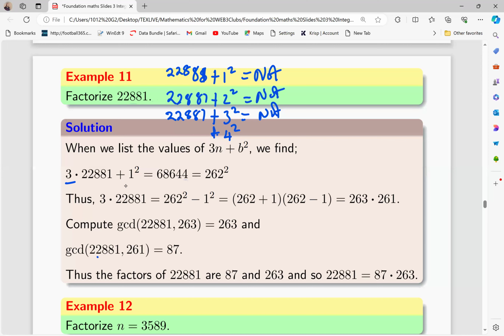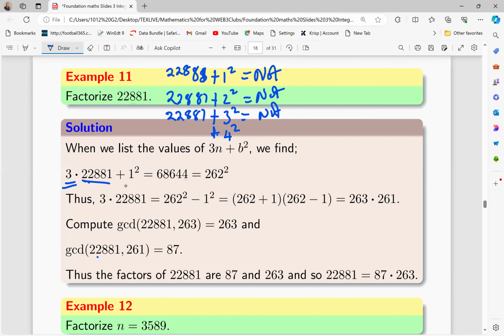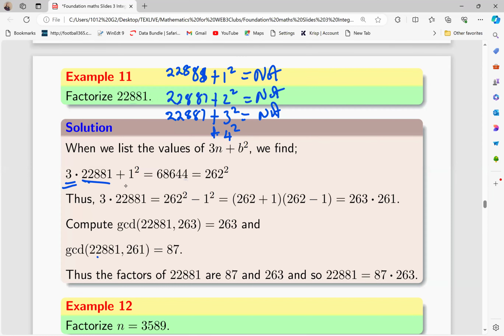It's not a perfect square. What about plus 10 square? It's not. So we've already reached plus 10 square and we've not found a perfect square. So I claim multiplying this number by this constant reduced our steps. We were able to use only 1 step and then do the necessary arithmetic.